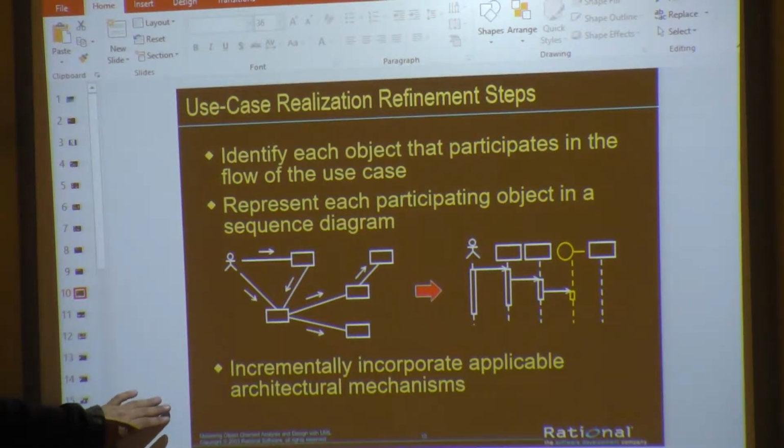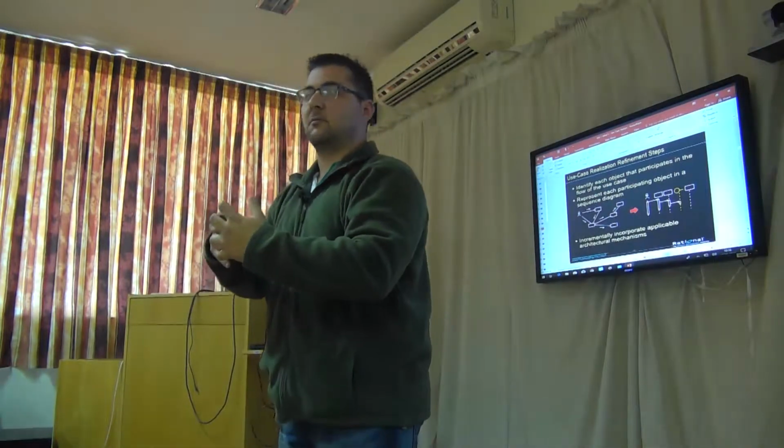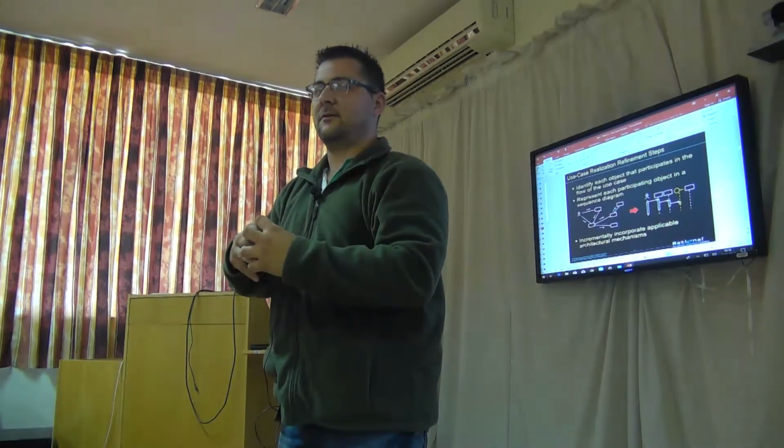As we continue, we can also incrementally apply different patterns and architectural mechanisms to introduce possibly even more classes to the system. Does adding more classes to a system make the system more complex or easier?